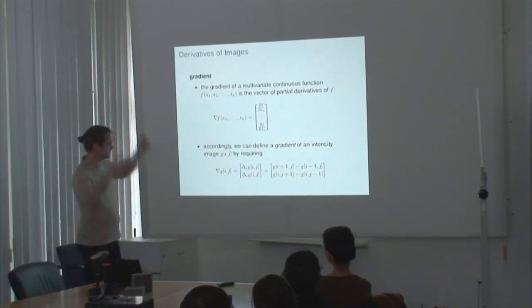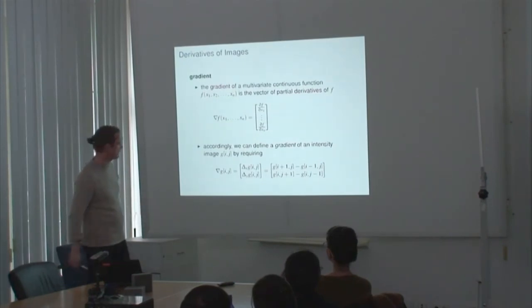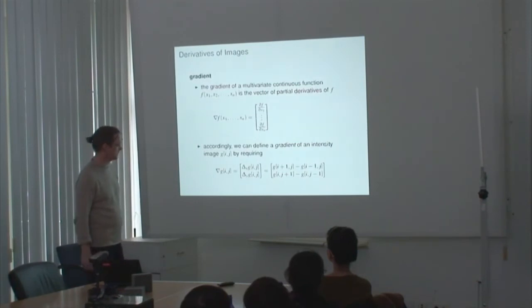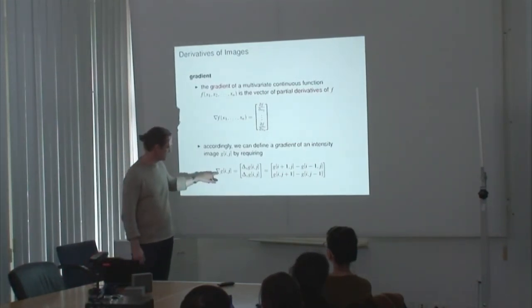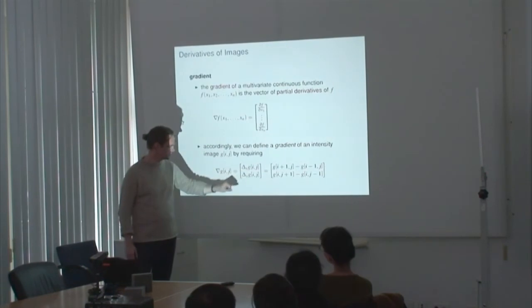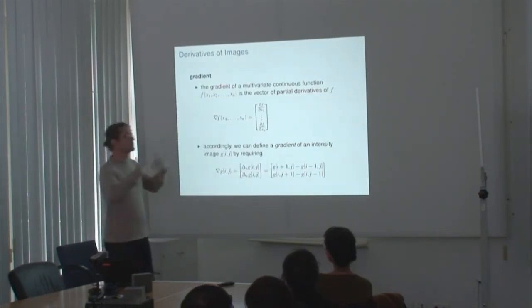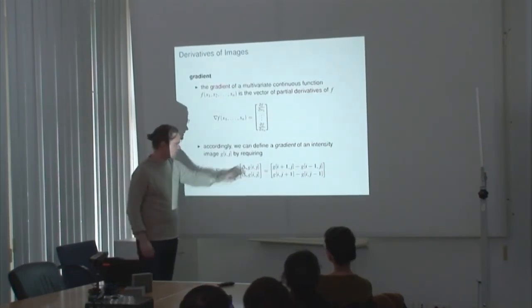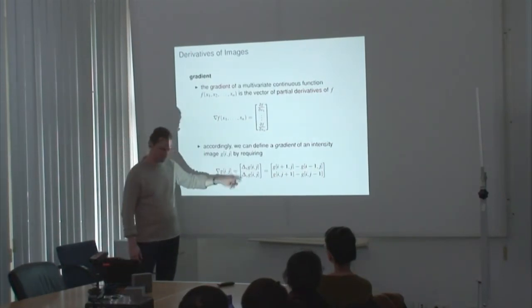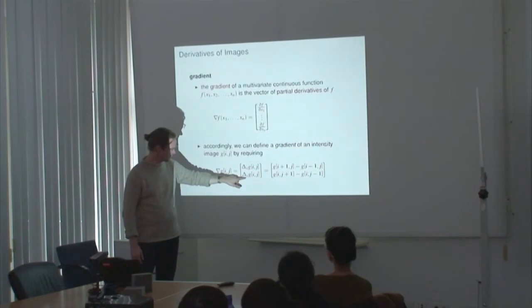And since we are interested in functions defined over two variables, i and j, I'll focus on this example here. The gradient of this discrete function is a vector, where the first component is the derivative of the discrete function with respect to the x-coordinate, which is i in our case, and the second component is the partial derivative of the function with respect to the y-coordinate, j.